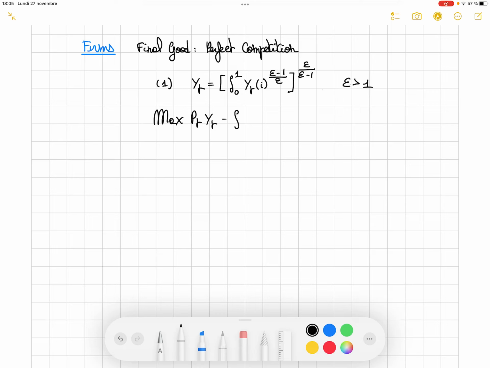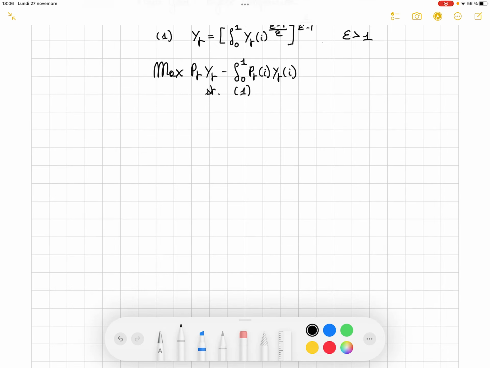And here, when we say the sum, it will be the integral, of course, between 0 and 1 of the price of the variety i multiplied by its use. Okay, so that's it, such that we have the production technology as a constraint. So basically at the end, as we are in perfect competition, the firm just chooses the production, epsilon t.